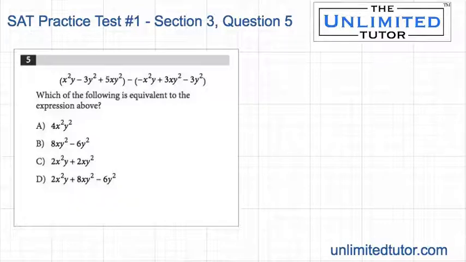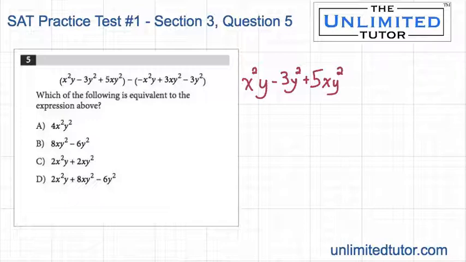So I'm going to rewrite this original expression without the parentheses and having distributed that negative sign across the second expression in parentheses. So let's rewrite this guy. We've got x squared y minus 3y squared plus 5xy squared.